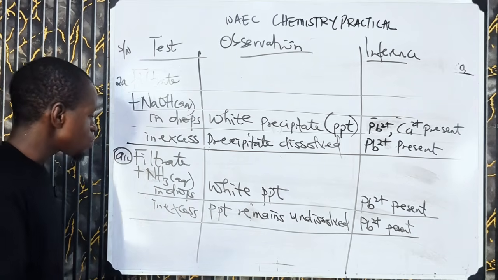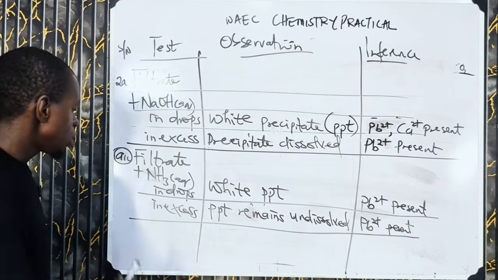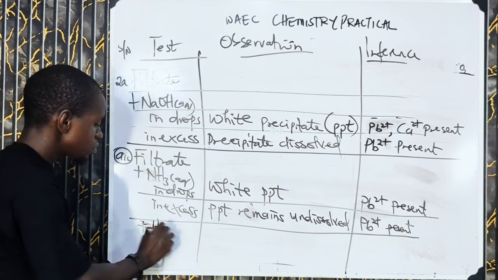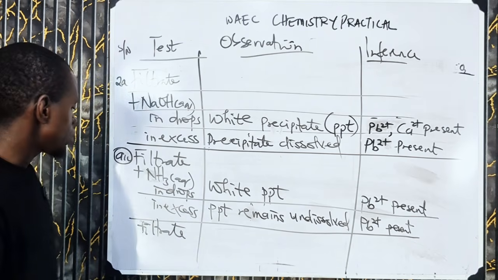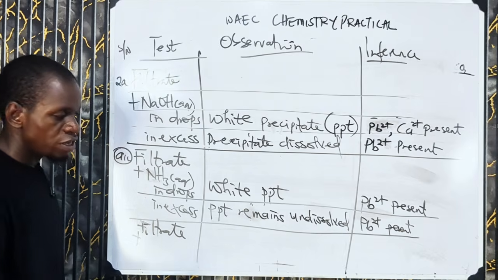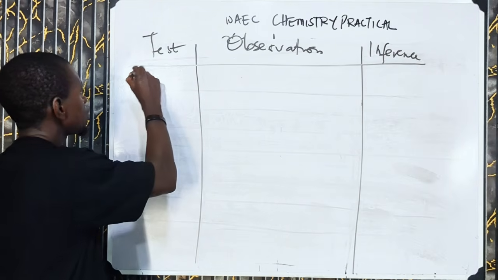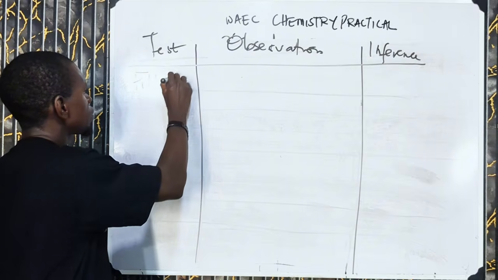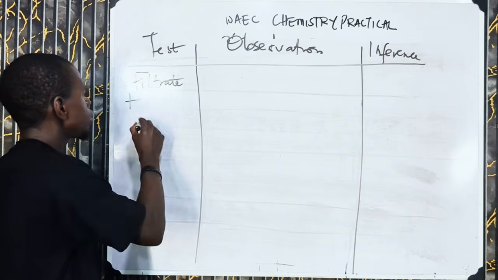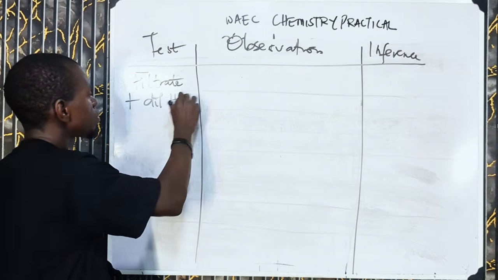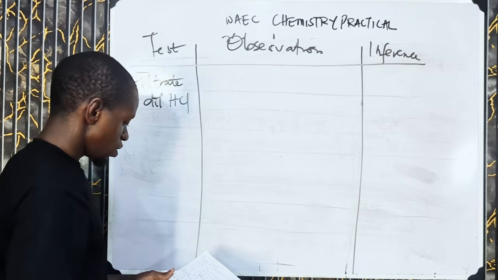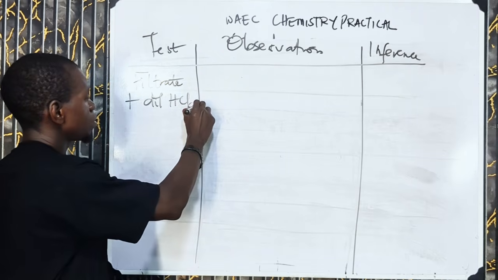Okay, so let's go over which other test you are going to do. Let's say filtrate plus dilute HCl, aqueous.